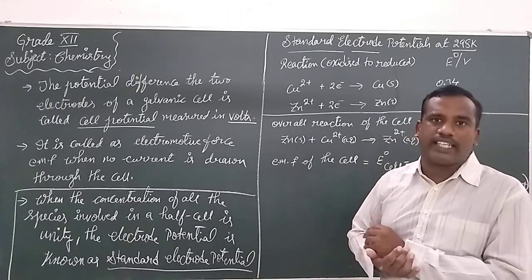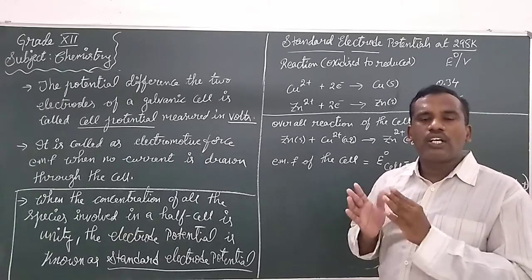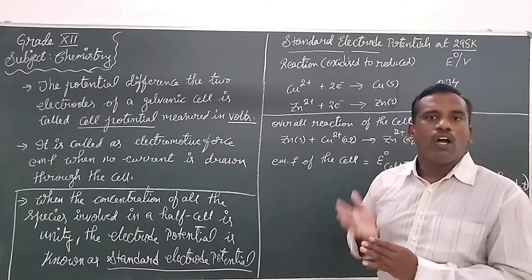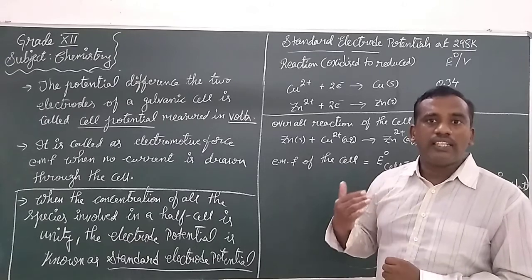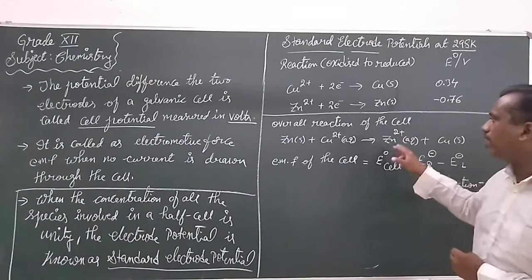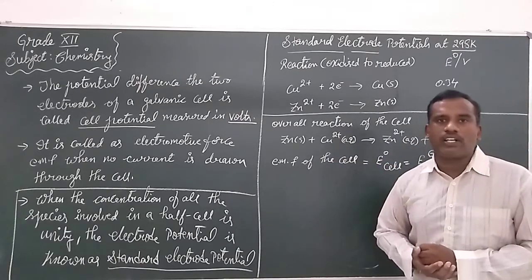In that case, zinc is undergoing oxidation, and copper is undergoing reduction, we say. So we can say there are two half reactions taking place here. One is called the oxidation half cell, where zinc is undergoing, and another one is the reduction half cell, where copper is undergoing.